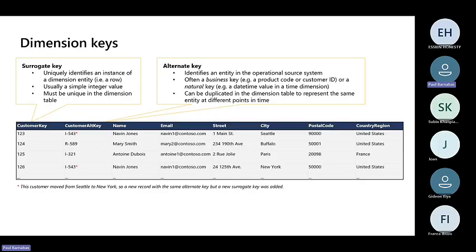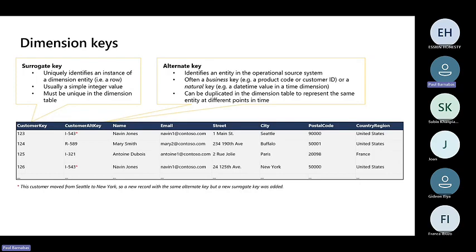So what this means is that, yes, we can use this surrogate key as a unique identity on this table. But take note that this record is coming from a source system.